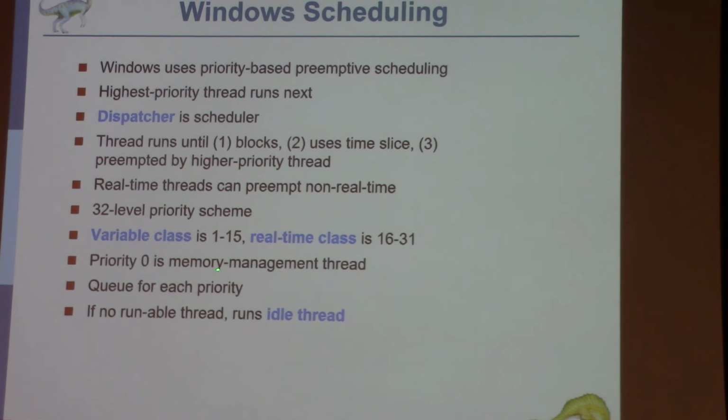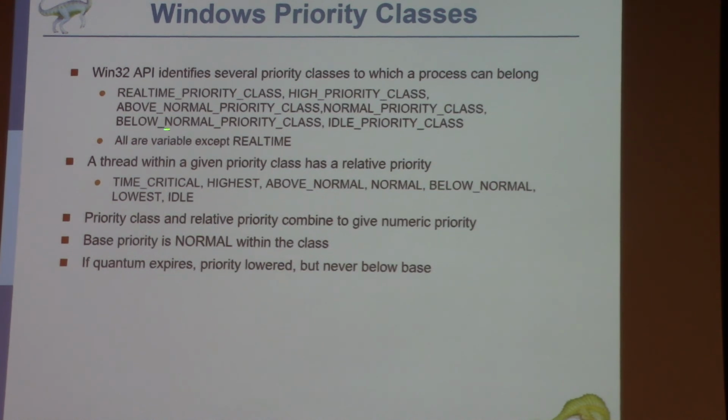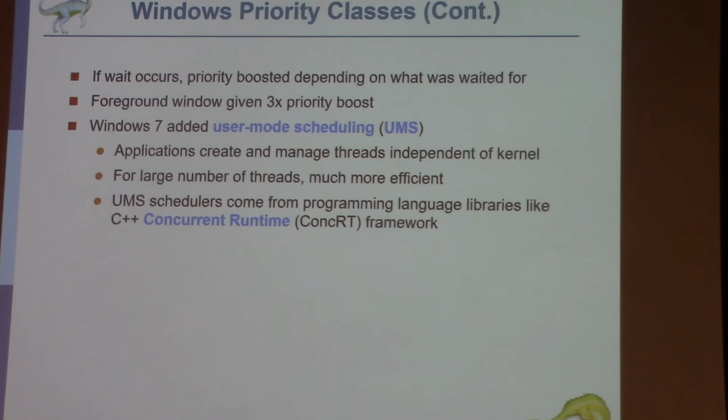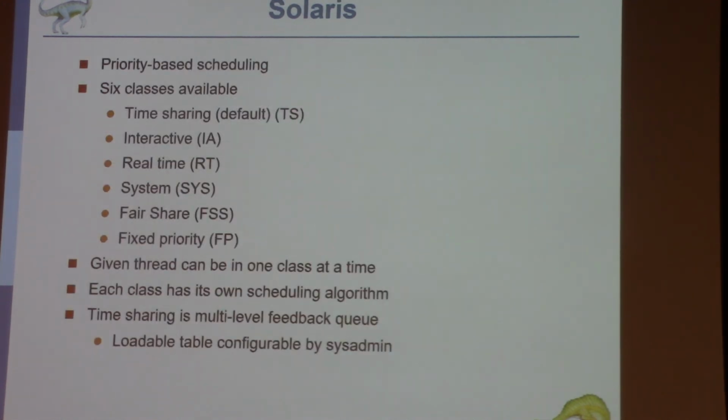Priority 0 is the memory management thread, which means it's the fastest one. And the others are 1 through 32, different levels. But usually, in the Windows API, we use what you have seen: real time, high priority, normal priority, idle, and so on. The name of this group of priority will be used for the scheduling algorithm. So this is an example with such numbers.